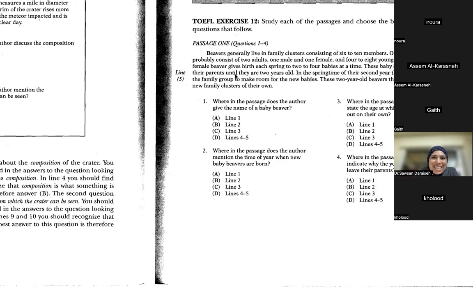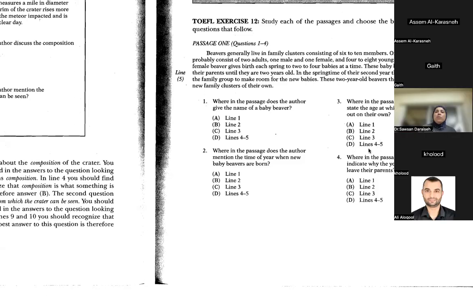Until they are 2 is an indirect answer, and this one is very clear. It says they are forced out during their 2nd year. So in the passage, it says that in line number 4, lines 4 to 5. Go ahead, Dr. Asim, the floor is yours.